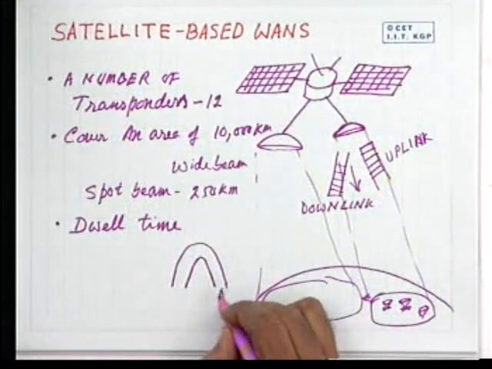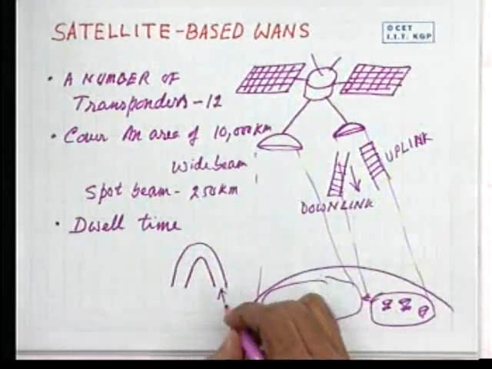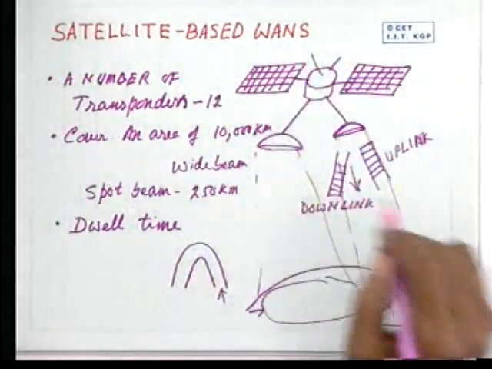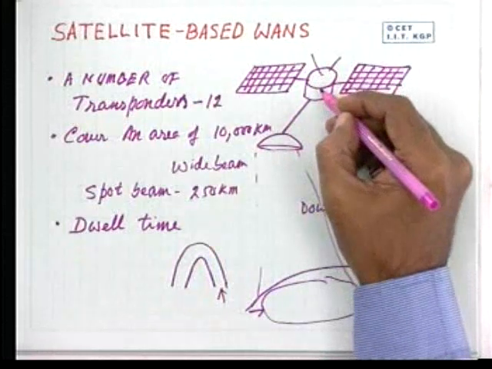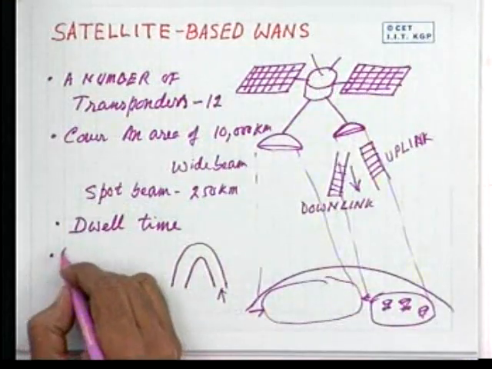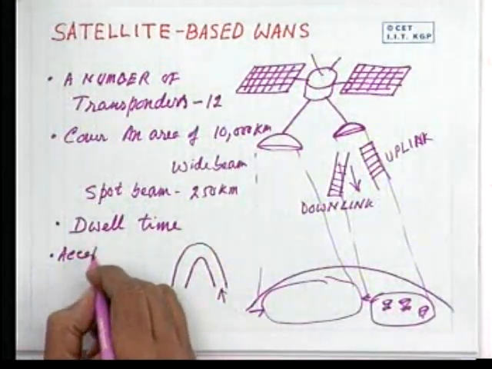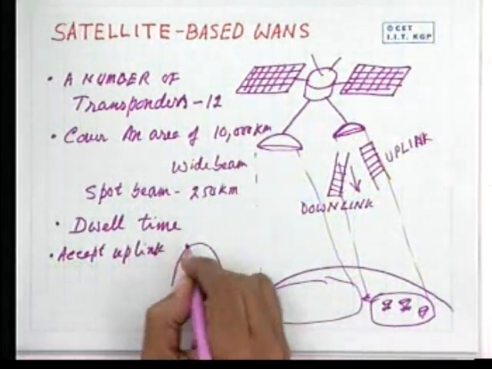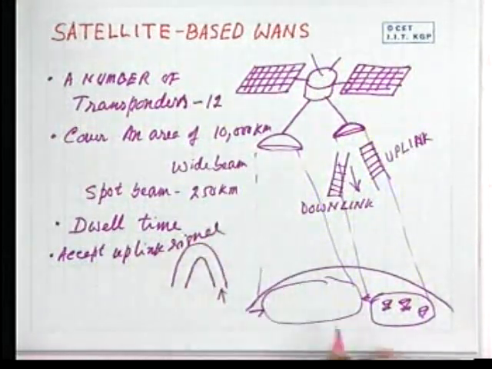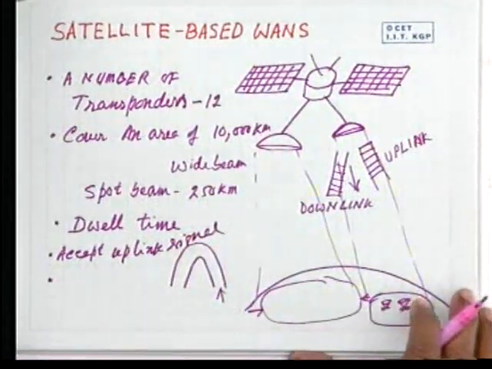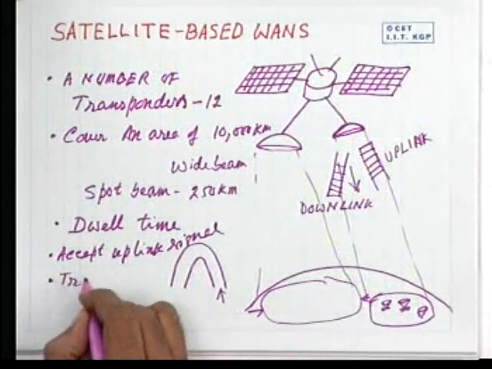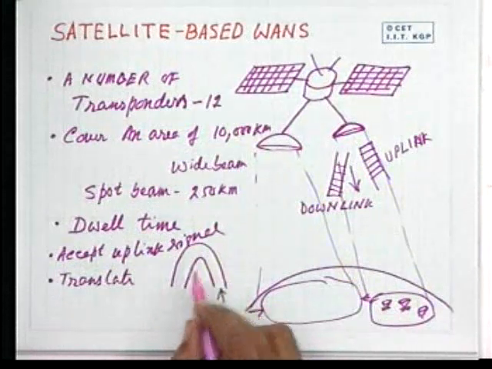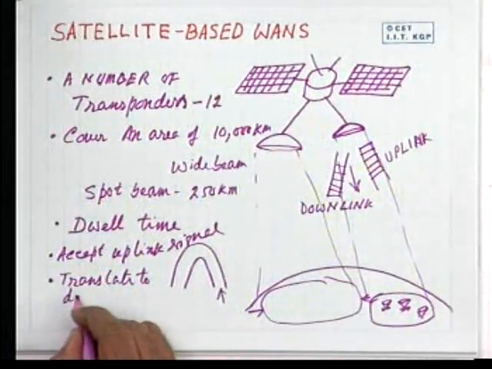Using uplink frequency, a station is sending signal, the satellite is receiving that signal, so it will accept the uplink signal. Second thing is it will translate that uplink signal to downlink signal.